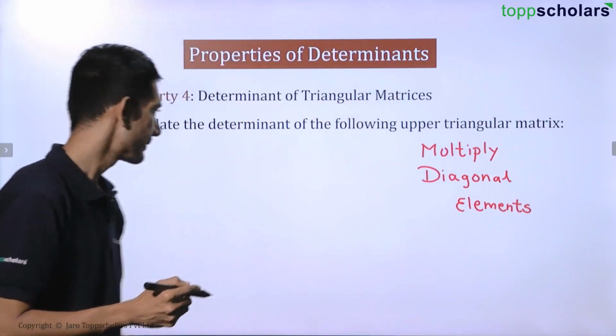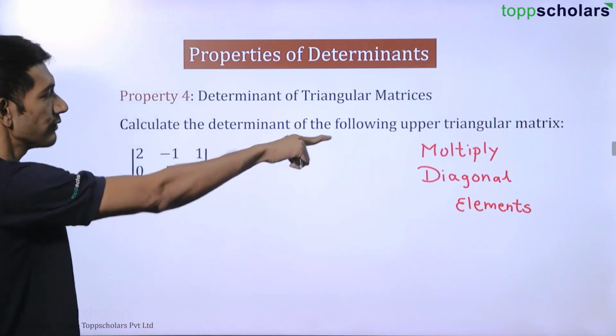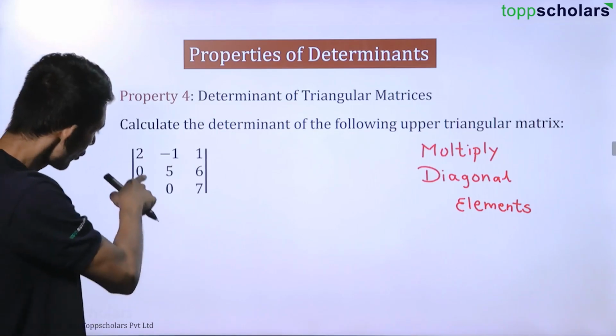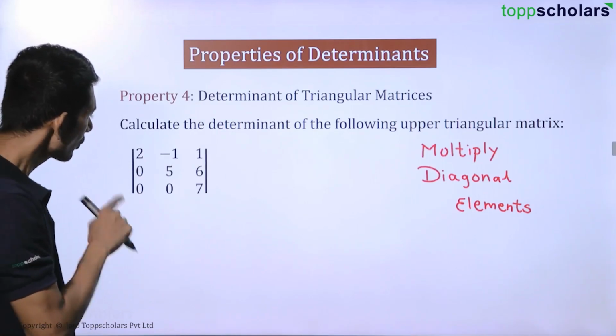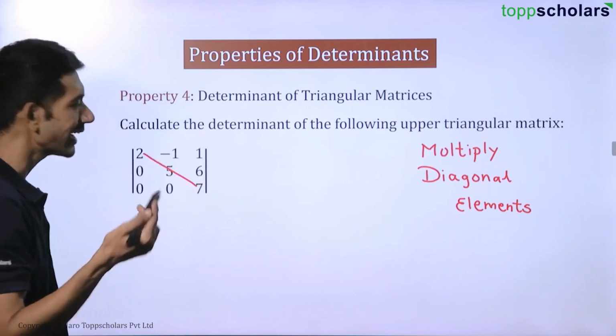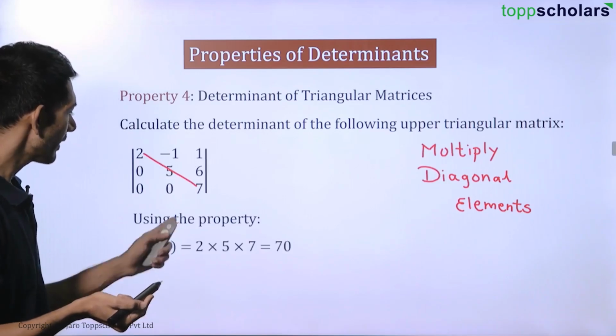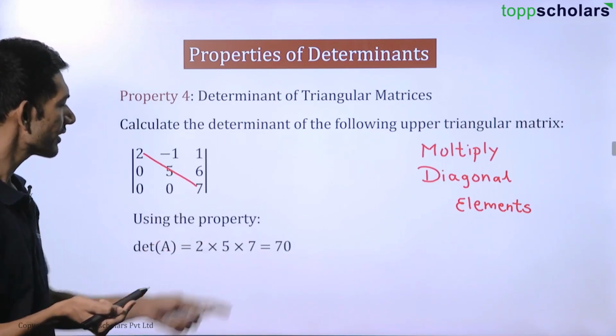Multiply diagonal elements. Let us see how. Here is the matrix. Obviously, this is an upper triangular matrix because all the lower elements are 0. So what you need to do is just multiply these. That's it. That is your final answer. Simple. See here, using the property, we have 2 multiplied by 5 multiplied by 7, which is 70.